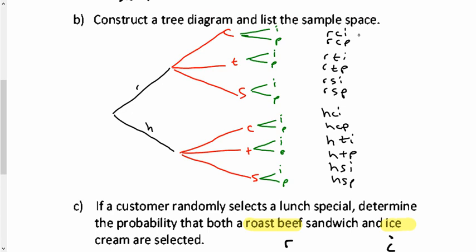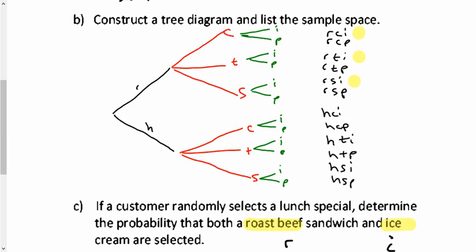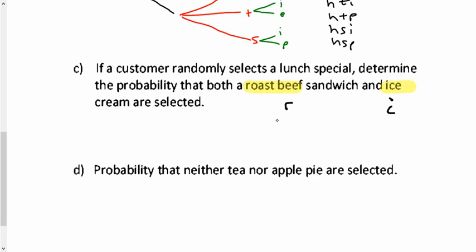Roast beef and ice cream, yes. Roast beef and pie, no. Roast beef ice cream, yes. No. Roast beef ice cream, yes. No. And of course, none of the ham ones will work. So that means we have 3 combos that have a roast beef and ice cream in them.